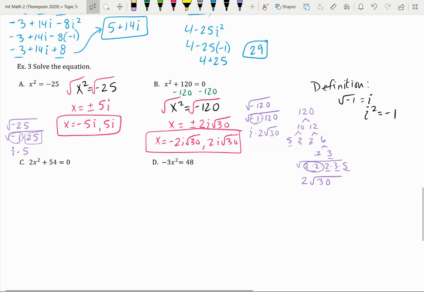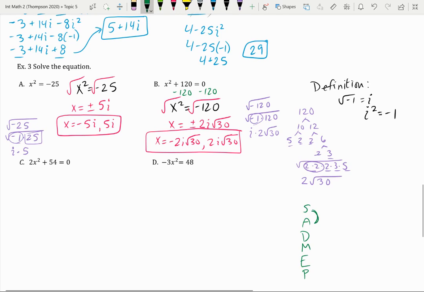So for problem C, isolate the x squared first. I have a 2 in the way and the 54 in the way. What we practiced last chapter was that if you were not sure which one to do first, then you would look at your SADMEP, which is your PEMDAS backwards, right?